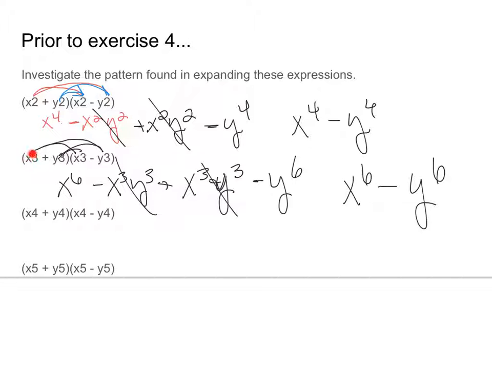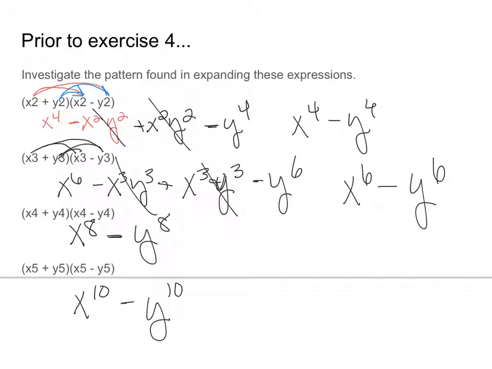Here, same thing, x cubed times x cubed, y cubed times y cubed. So this last one, I'm going to guess x to the 8th, the middle terms are going to cancel, minus y to the 8th. And here, x to the 5th times x to the 5th is x to the 10th, minus y to the 10th.